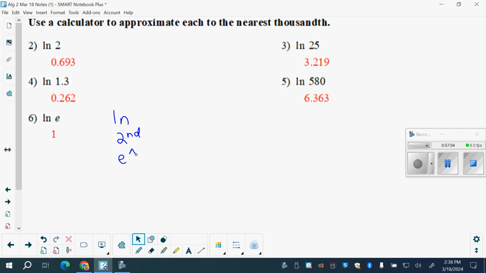That's what second means. Now see how this is an exponent here? It wants an exponent. So what is the exponent when it's just e? It's assumed to be a 1, so you have to put a 1 in there.